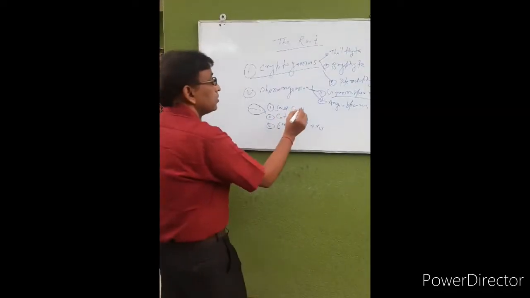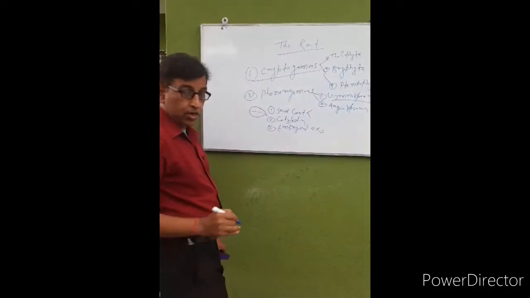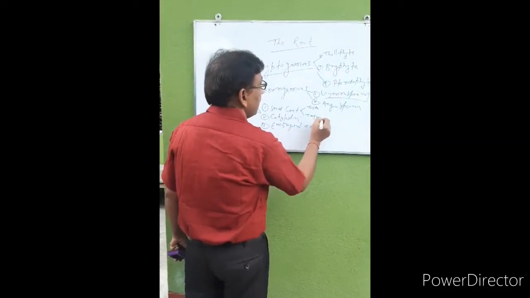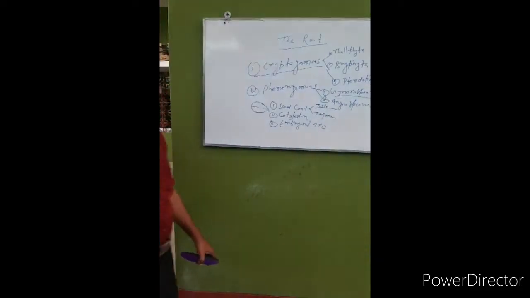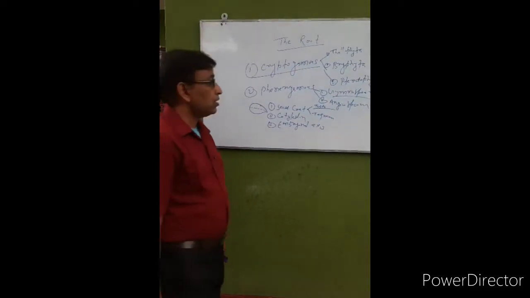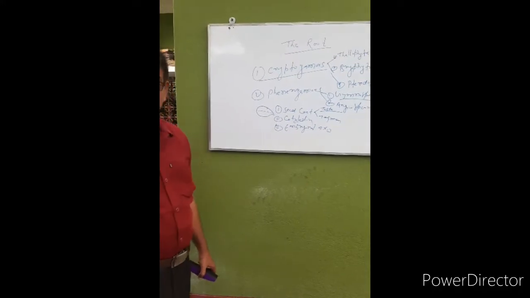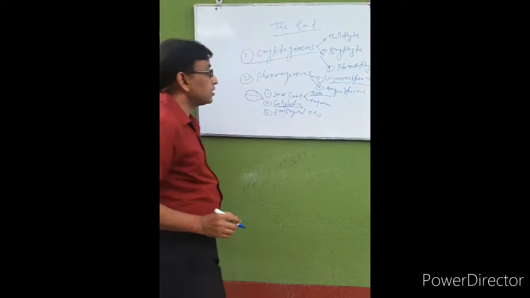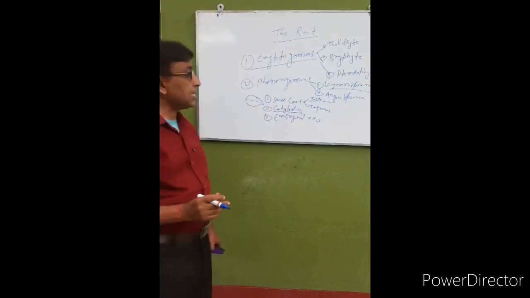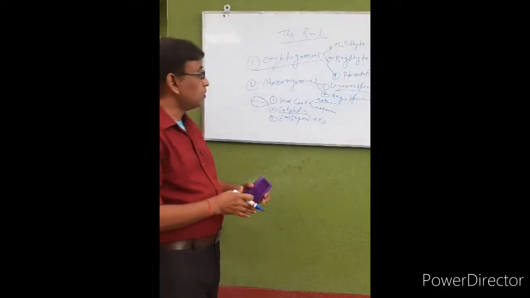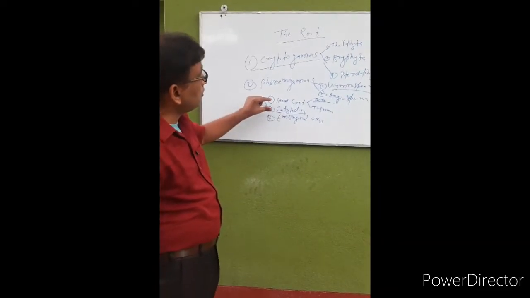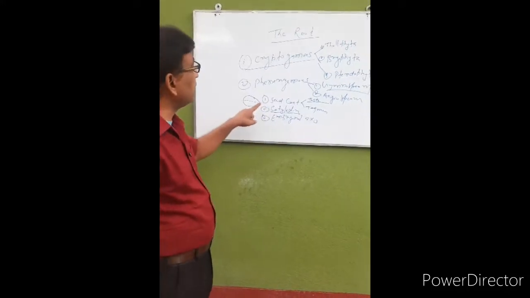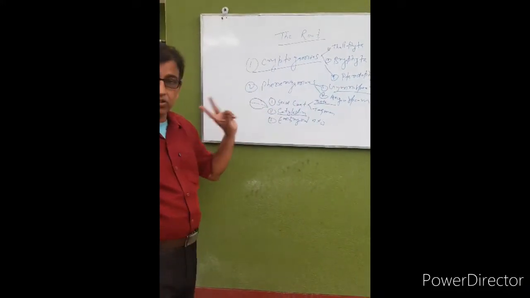This seed coat has two layers, that is testa and tegmen. Testa is the upper layer and tegmen is the inside layer. The cotyledon is one or two, and depending on the number of cotyledons, the seed may be monocot or dicot.